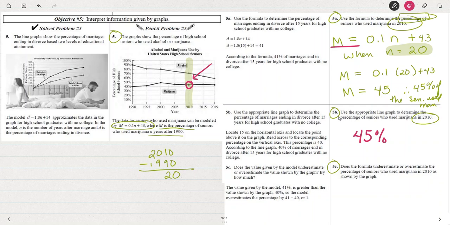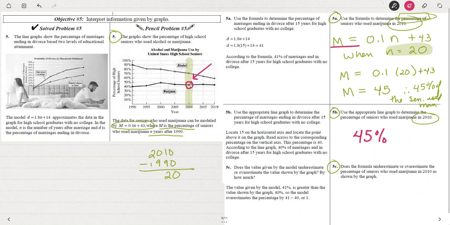Does the formula underestimate or overestimate the percentage? When I look at it closely, I'd have to really make it bigger, and on your paper you could probably see that a little bit bigger.